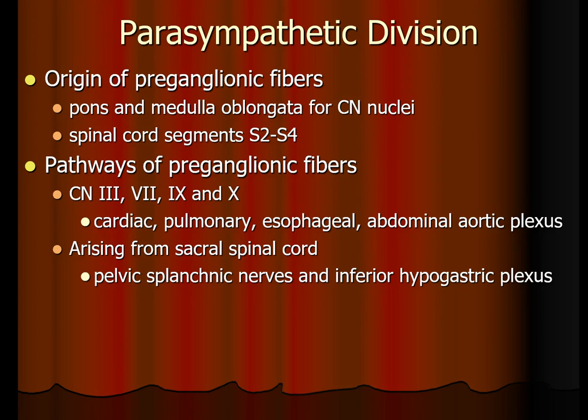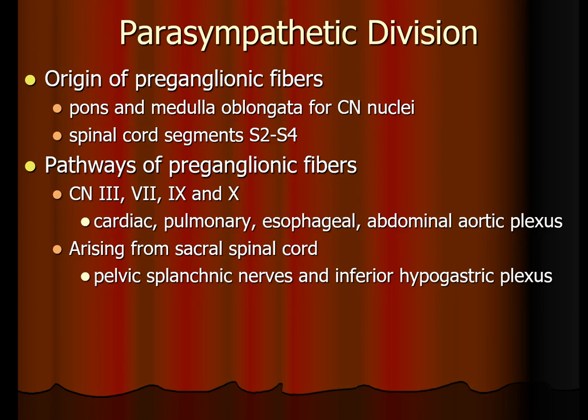Now, sympathetic division, we said, had short pre's. They go into the sympathetic chain ganglia, and a long post from the sympathetic chain ganglia to wherever the effector is. Okay? Parasympathetics are the opposite.